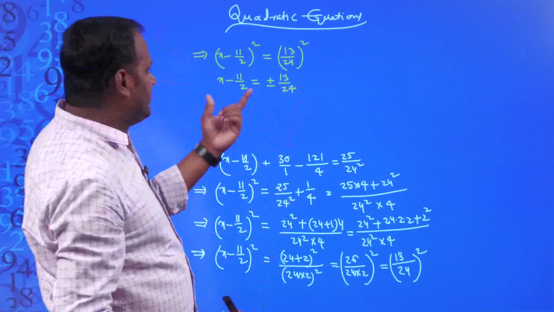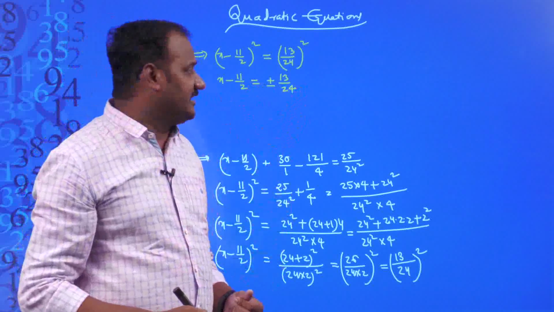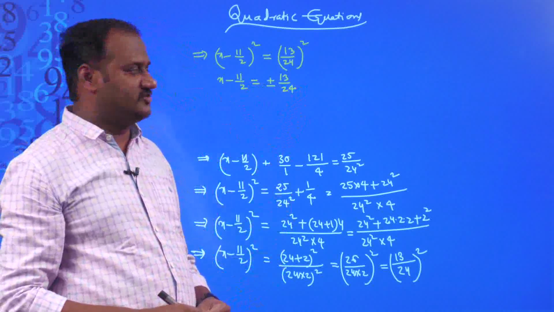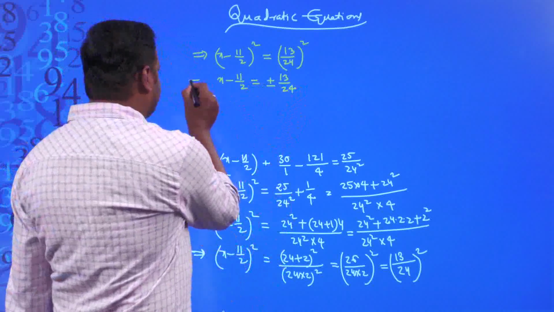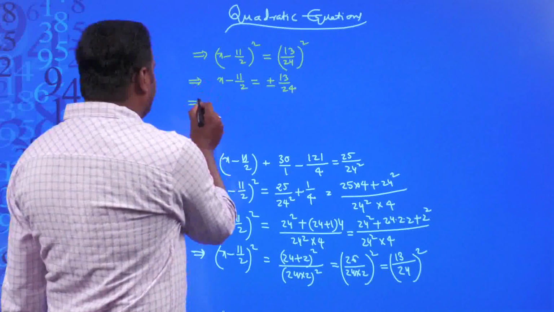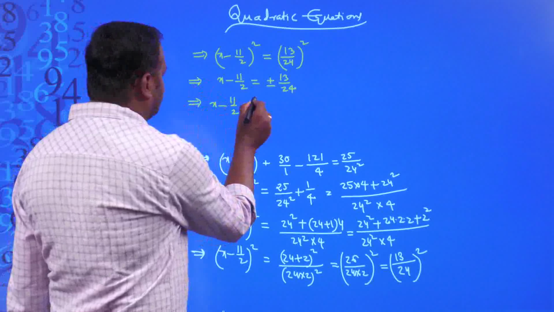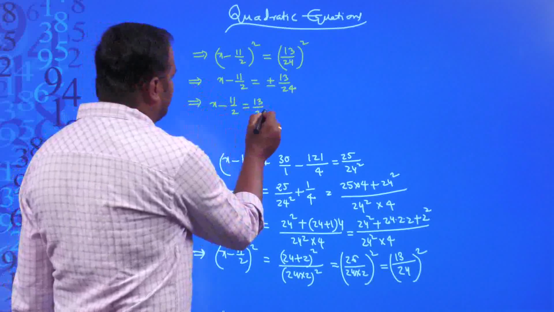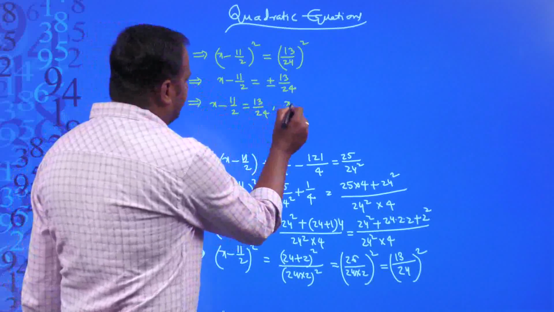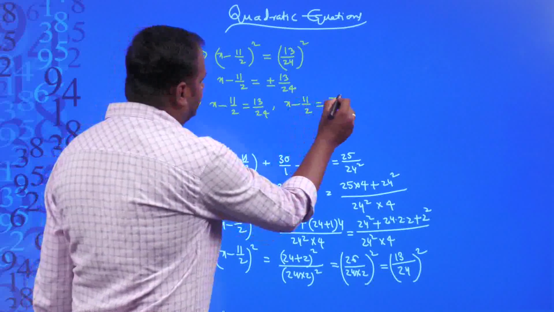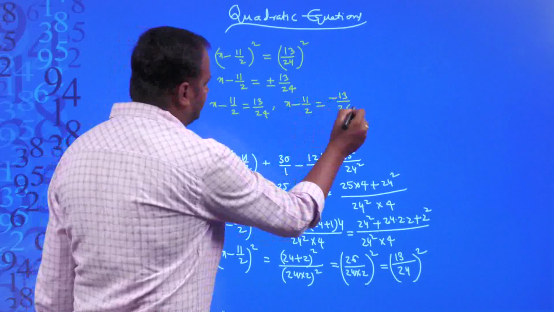You can use first plus 13 divided by 24 and then you can use minus 13 divided by 24. That implies x minus 11 divided by 2 is equal to 13 divided by 24, comma, x minus 11 divided by 2 is equal to negative 13 divided by 24.